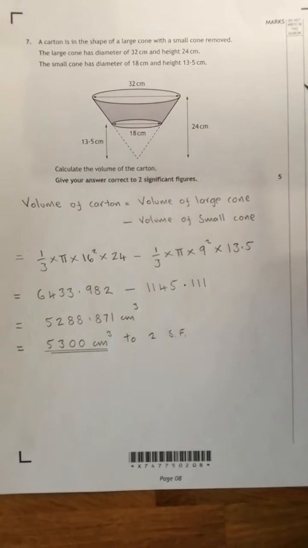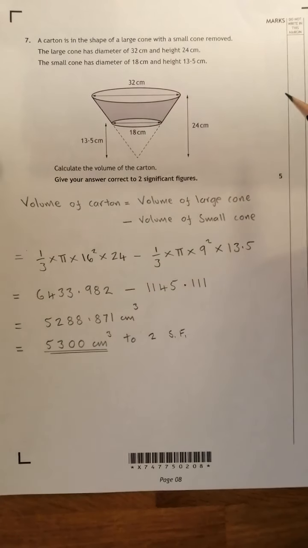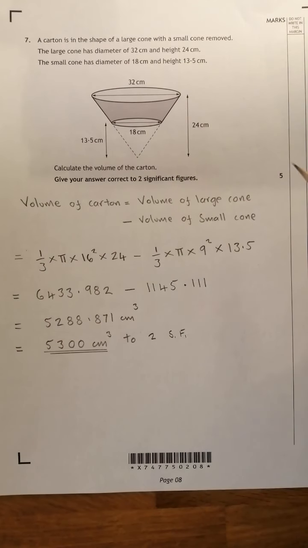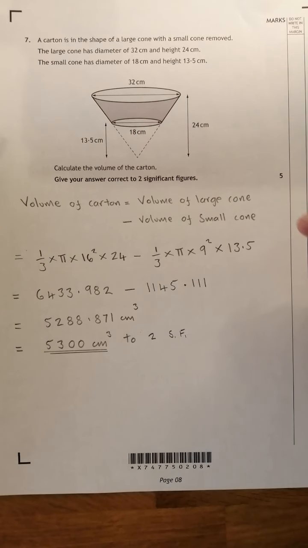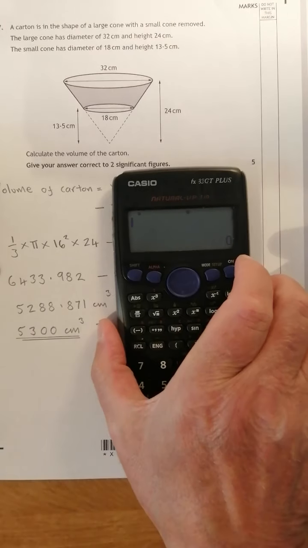Don't forget, look at your formula sheet for the volume of a cone, which is 1/3 pi r squared h. So the large cone is 1/3 times pi times, don't forget we're using radius, not diameter, 16 squared times 24. So let's just get the calculators on and we'll check what that one is here.